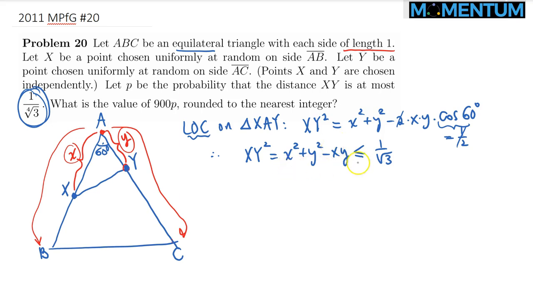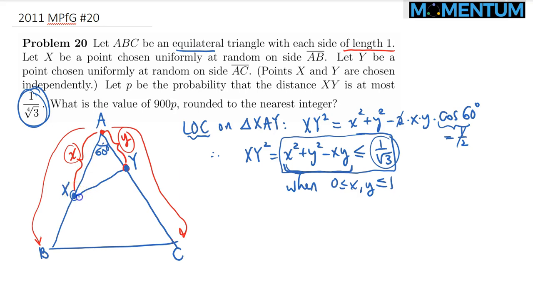So we want to figure out the probability of this thing. What are the chances that this quantity on the left-hand side is less than or equal to 1/3 when x and y are between 0 and 1? x can be as little as 0, or it can be as far as 1.